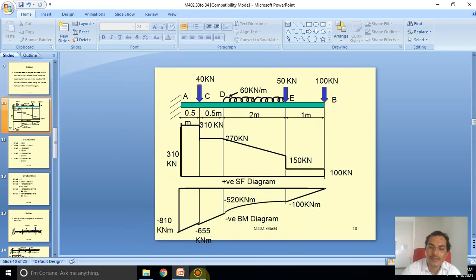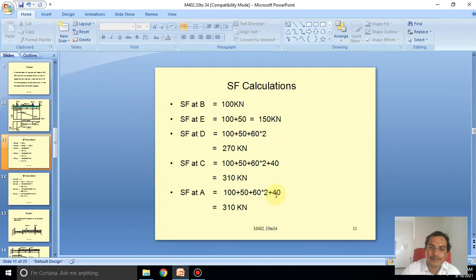We know that, and in this topic we can calculate the shear force.